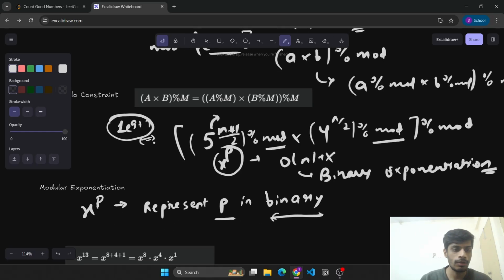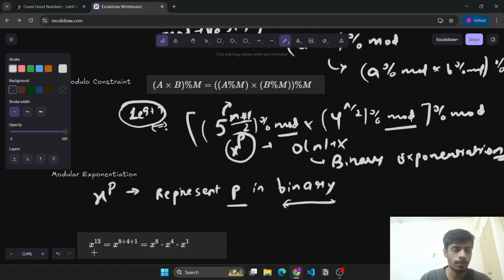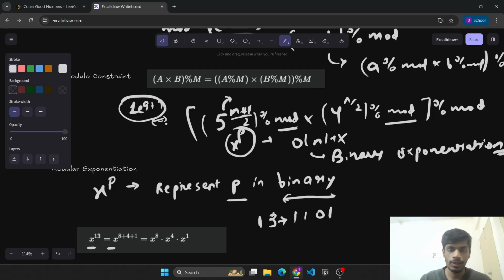So for example, if we needed to calculate x to the power 13, we'll write 13 in binary. 13 would be 1101, right? Now at each step, this represents the 0th position, 2 to the power 0, so this represents x to the power 1.